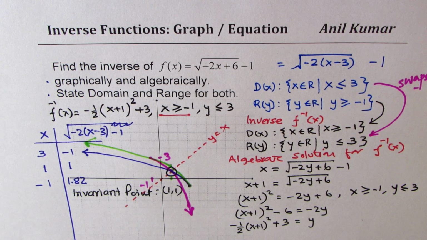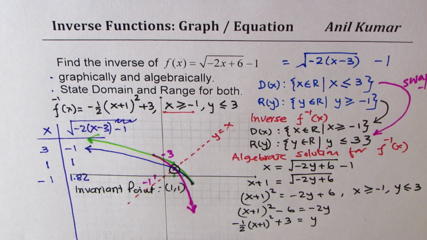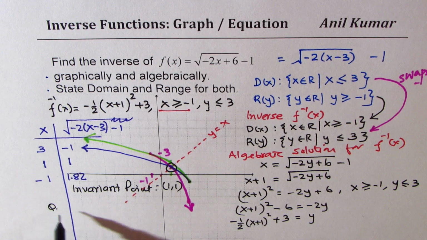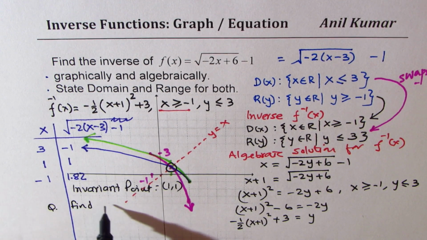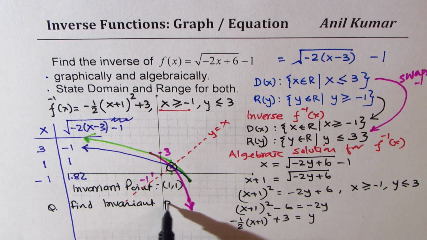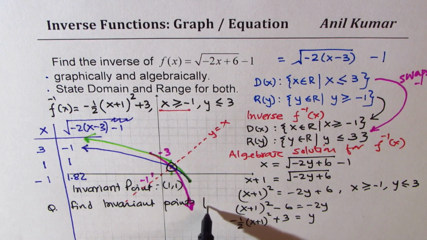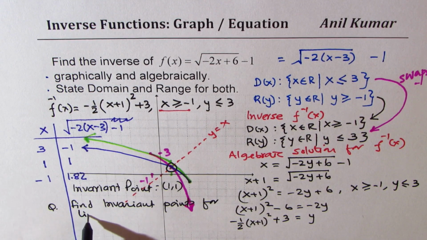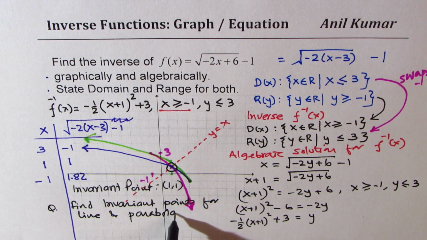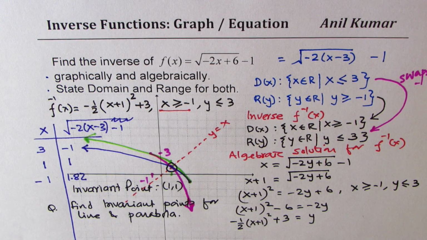So that is the invariant point. As an exercise, you could actually find invariant points in the previous two examples. That could be a question for you. Let me write. So find invariant points for line and parabola in earlier examples, right?